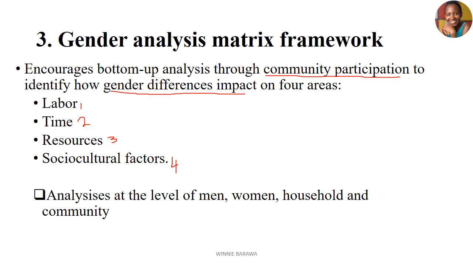So we have the key areas that the gender analysis matrix framework looks into, and this is the labor. It looks at time, it looks at resources, and then it looks at sociocultural factors.